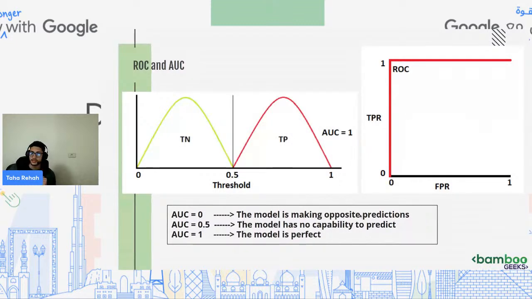It's the same definition. When AUC equals 0, the model is making opposite predictions: when the class is 1, the model predicts 0, and when the class is 0, the model predicts 1. The model is making completely opposite predictions.